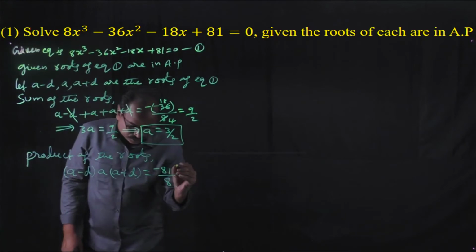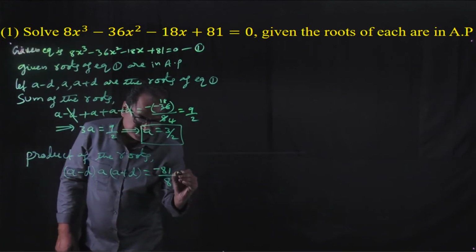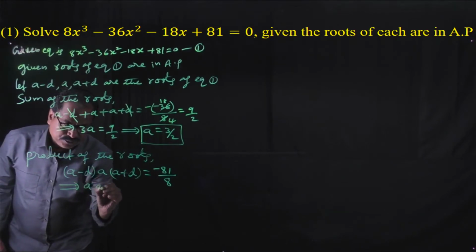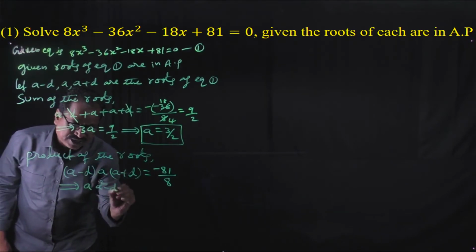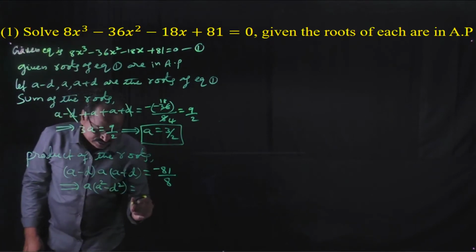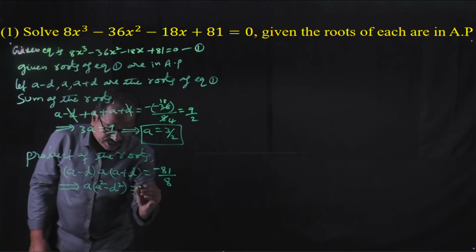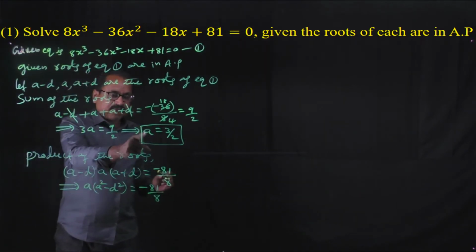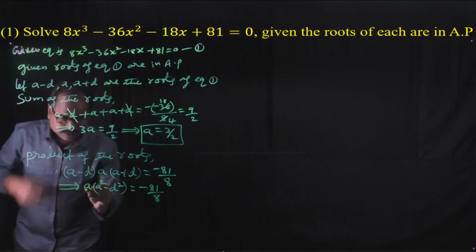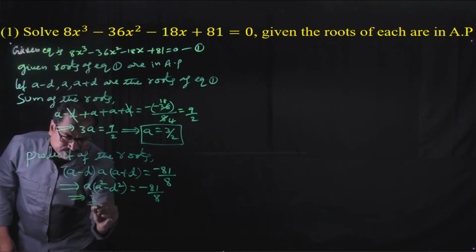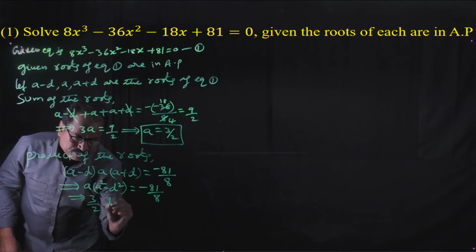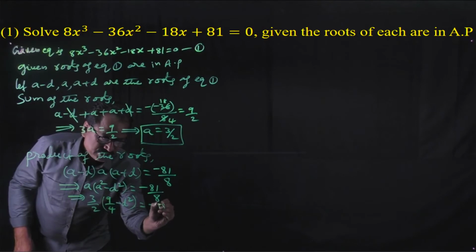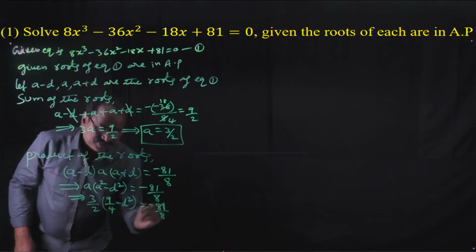This implies a square minus d square is equal to minus 81 by 8. Here small a is equal to 3 by 2. So this implies 3 by 2 into 9 by 4 minus d square is equal to minus 81 by 8.